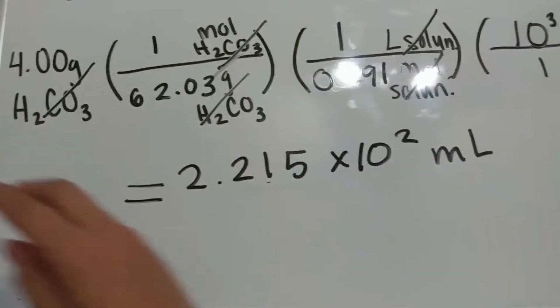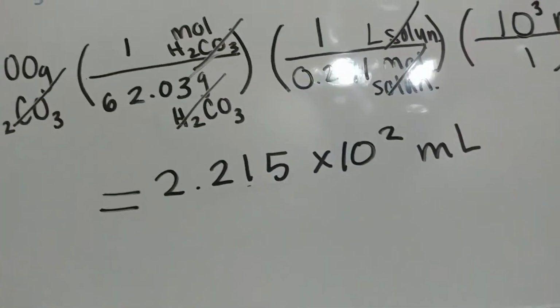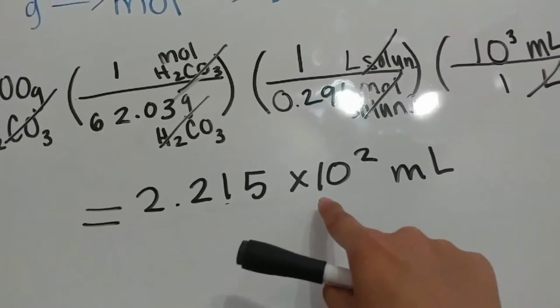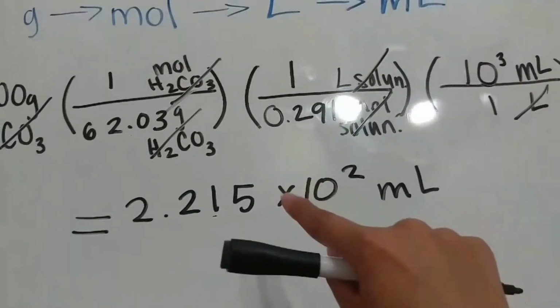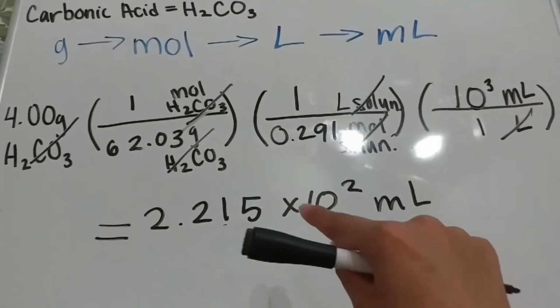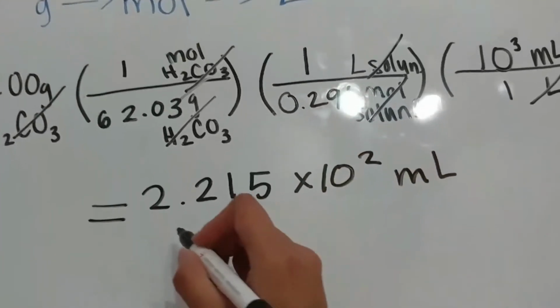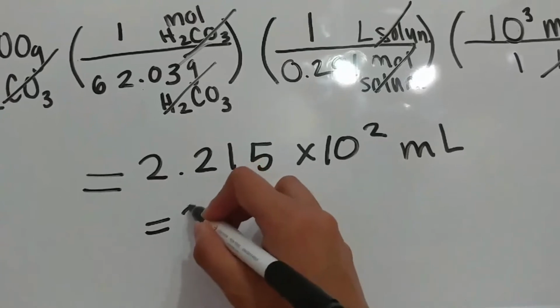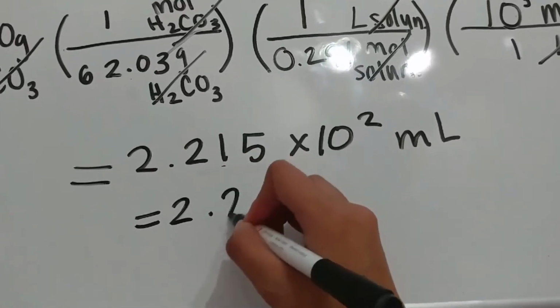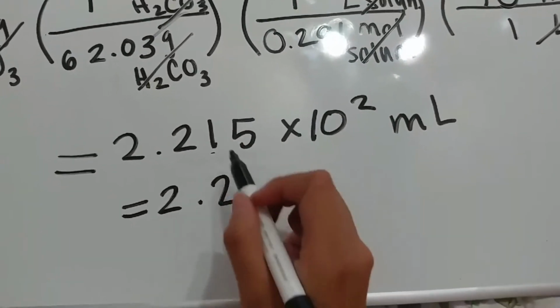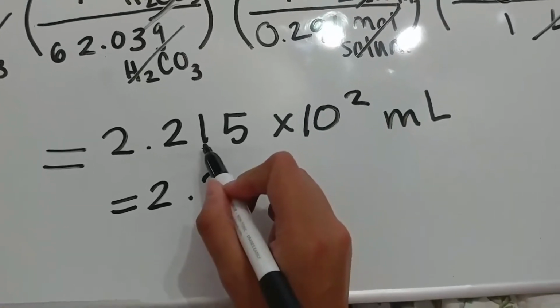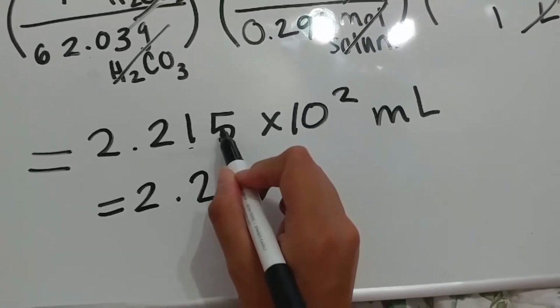But I just wrote it in shorthand version. So I wrote it as 2.215 times 10 to the second milliliters. But don't forget your significant figures, and our lowest number of significant figures is 3. So I would have to write this number with 3 significant figures, and the number next to the last digit that we need is 5.